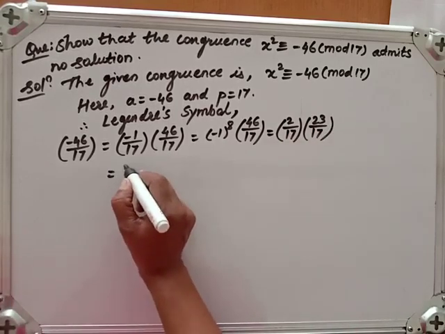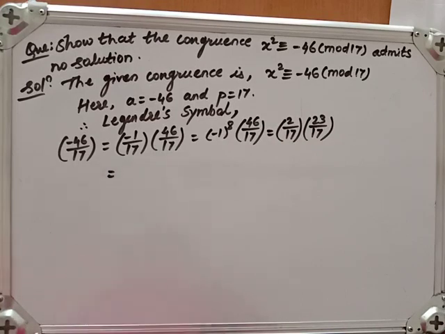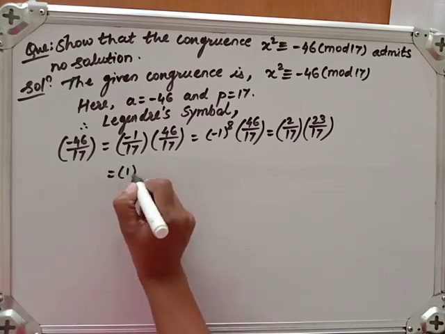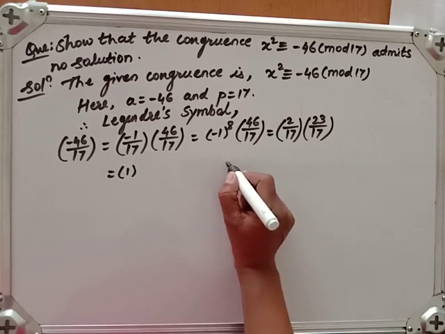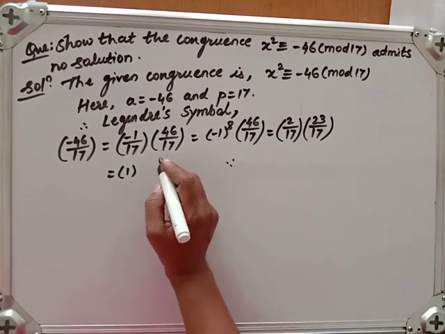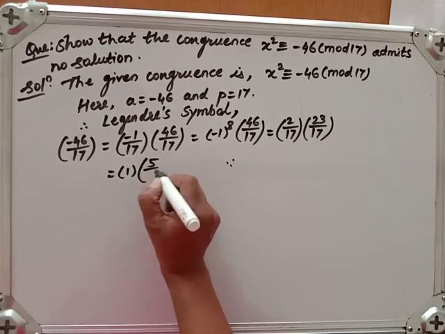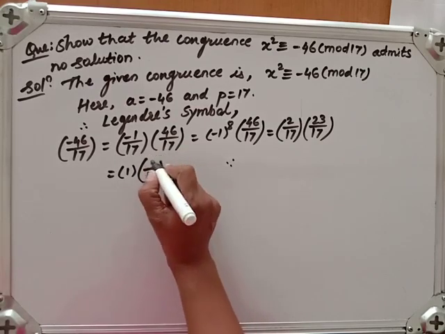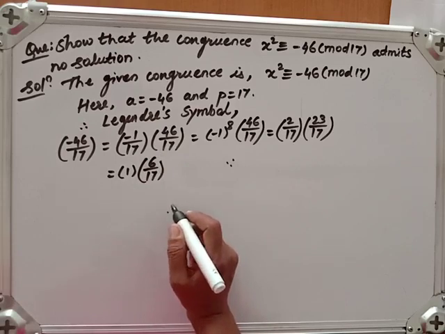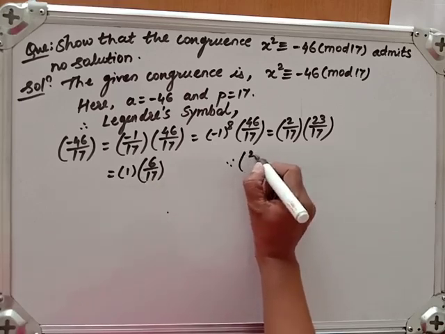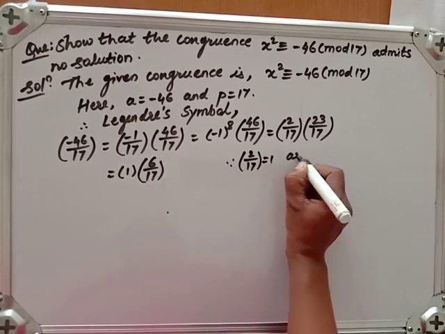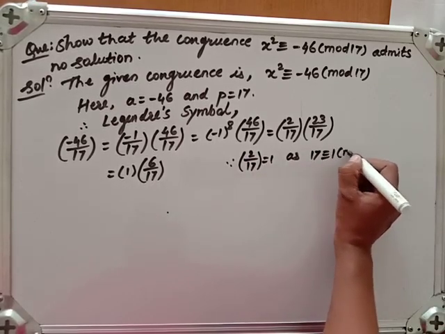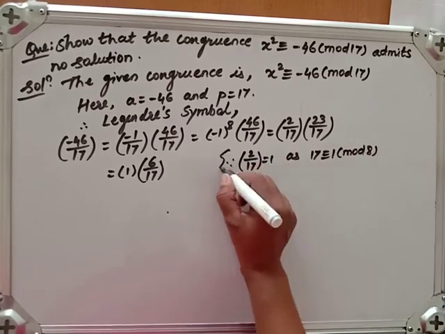The Legendre symbol of 2 by 17 will be 1, since 17 is congruent to 1 modulo 8. This is the reason here. And the Legendre symbol of 23 by 17 will become 6 by 17.